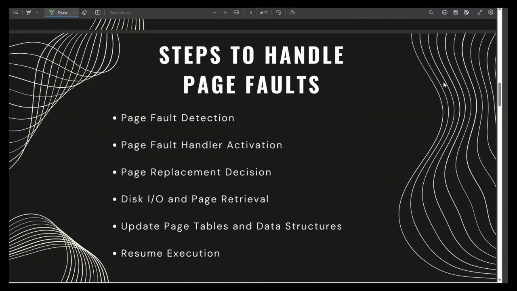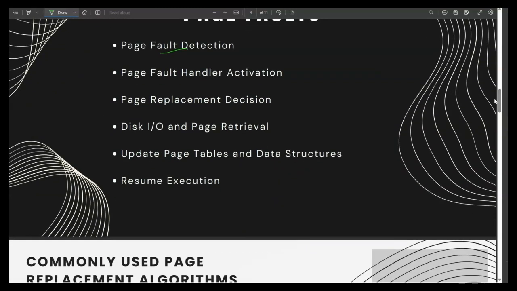Now there are some steps to handle page faults, like how page faults should be handled. The first step is page fault detection. Then page fault handler activation. Then page replacement decisions, like which page is to be replaced. Then disk input output and page retrieval.